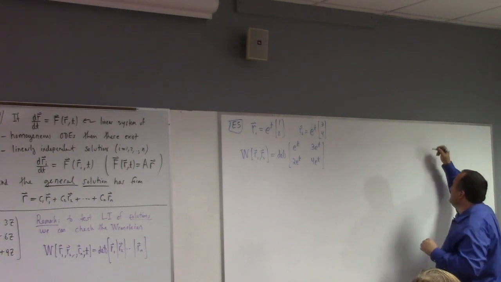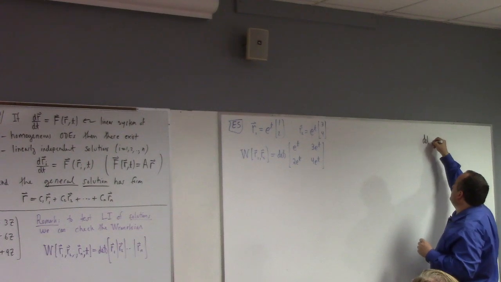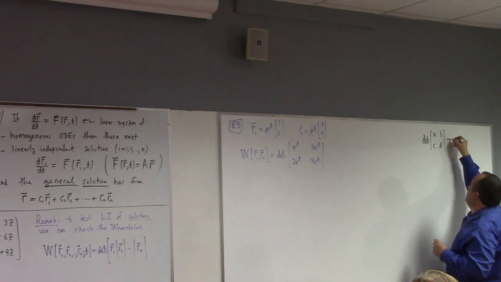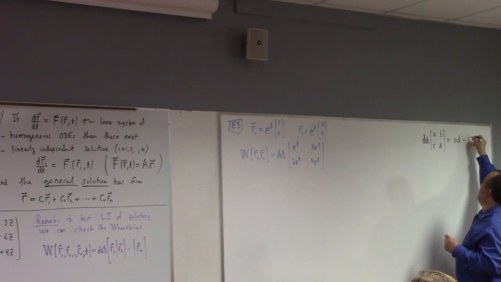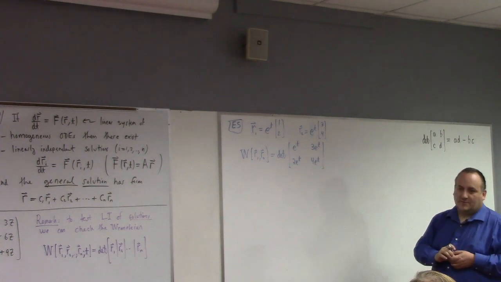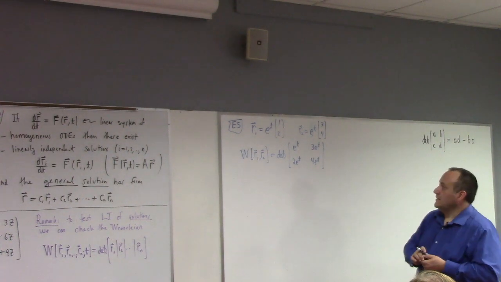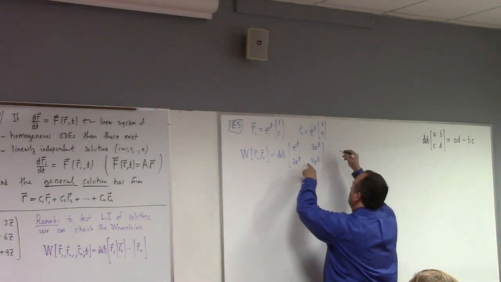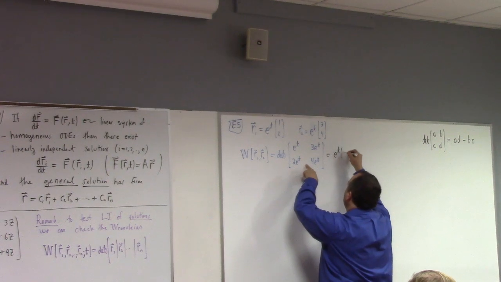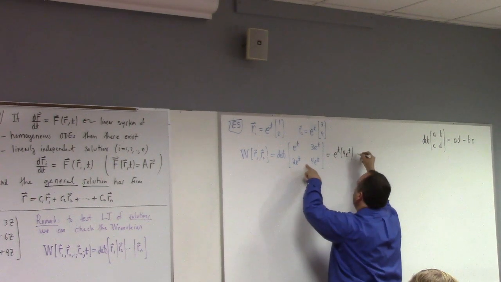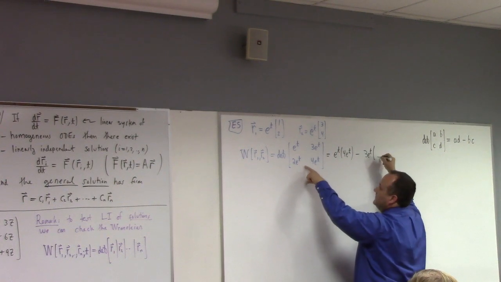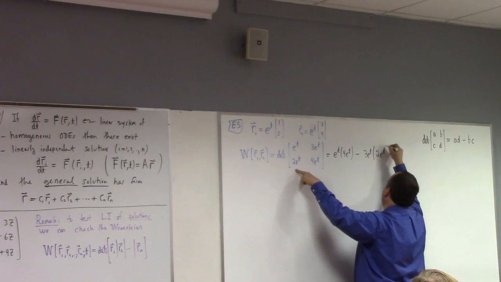Just as a general point of order, here's the determinant of a 2 by 2 matrix, A, B, C, D. The determinant is simply A times D minus B times C. So you need to know this. When I put that into practice here, I get e to the t times 4e to the t, minus 3e to the t times 2e to the t.